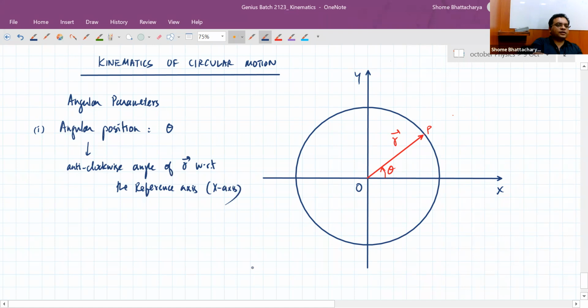So for example, an angular position of 90 degrees is the same thing as an angular position of minus 270 degrees. Okay, because anti-clockwise of 90 is the same thing as clockwise of 270. Or an angular position of 300 degrees is the same as an angular position of minus 60 degrees. Okay, because 300 anti-clockwise is the same thing as 60 clockwise, like that.